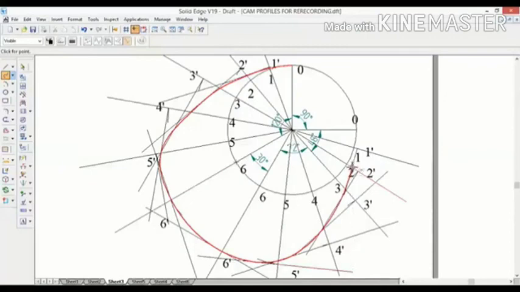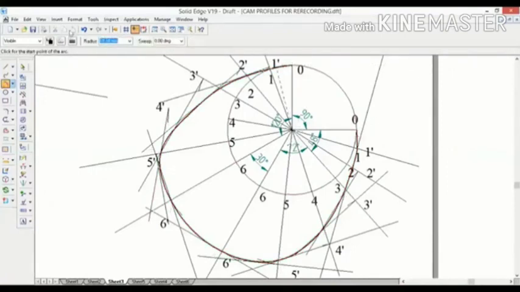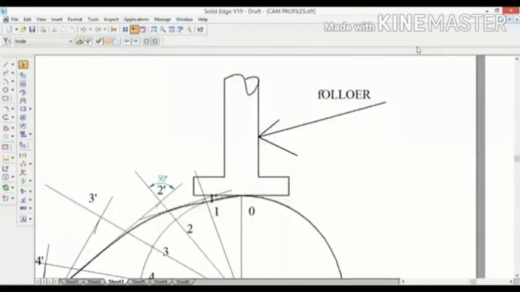We are worrying about the interior part of the tangent lines. Back to 0. So this is the required cam profile. Now take the arc-wise center point method, take thick line and draw the dwell also. So this is the dwell. This is the required cam profile.